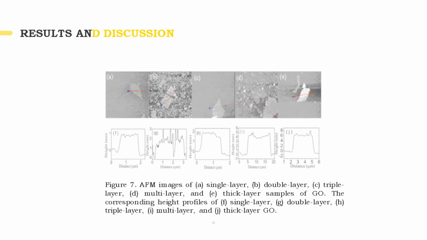As you can see in the figure, the double layers, figure 2B and 2G, and triple layers, figure 2C and 2H, have an average thickness of about 0.8, 1.3, and 1.8 nanometers, respectively.